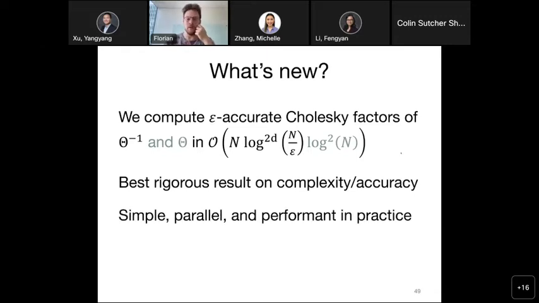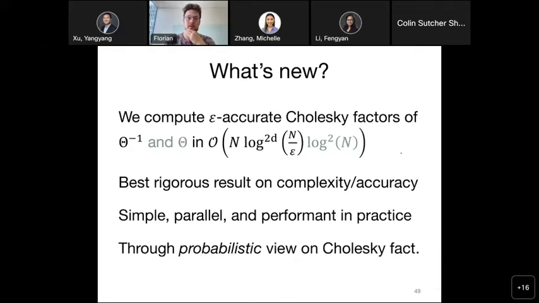And the algorithms are also simple to implement. They're easy to parallelize, and they're quite performant in practice. And finally, the way these algorithms are developed is through a connection between Cholesky factorization and conditioning of Gaussian processes that I think is interesting in its own right and might still yield further insights down the road.